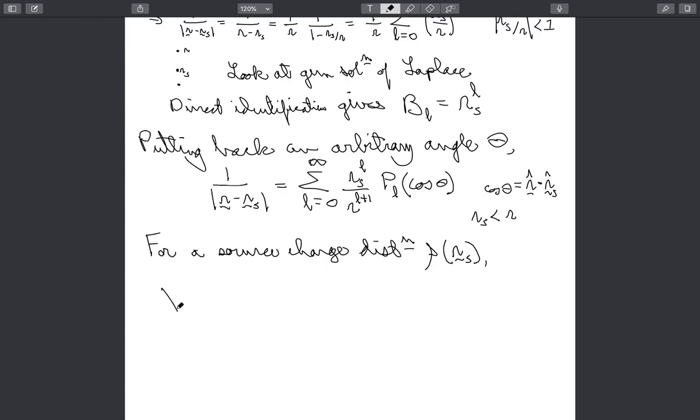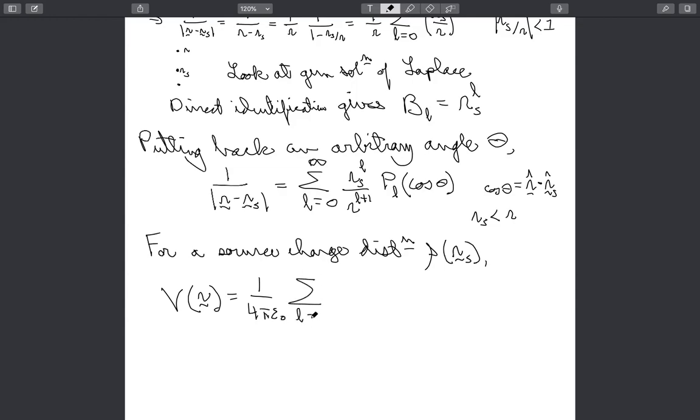What we can write immediately is that V at the position r is going to be 1 over 4 pi epsilon 0 times the integral over, well, let me write the summation first, maybe.